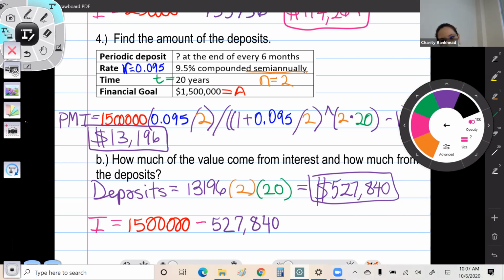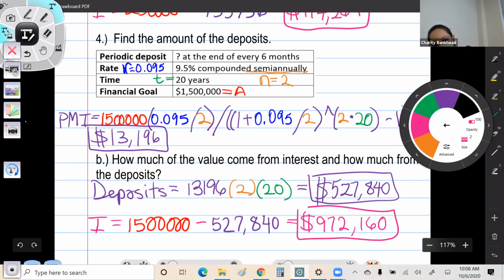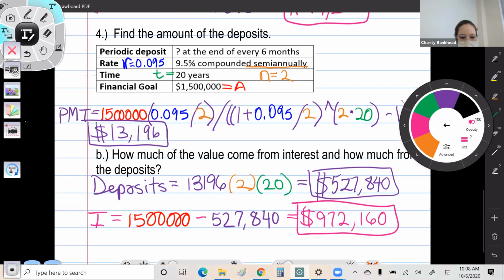So the interest is almost going to be double the deposits. And that's why Einstein says this is the 8th wonder of the world. So the amount of the interest is $972,160.